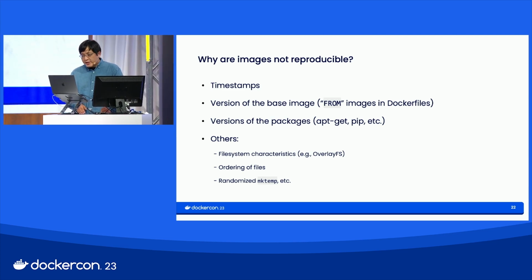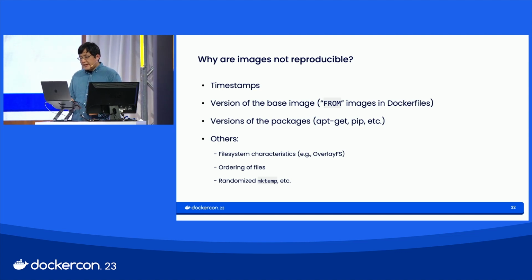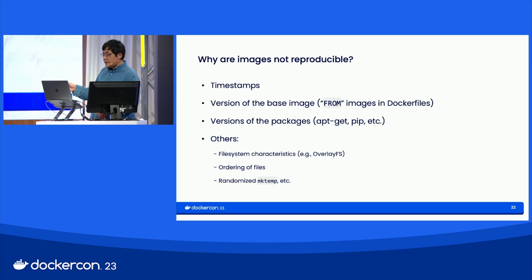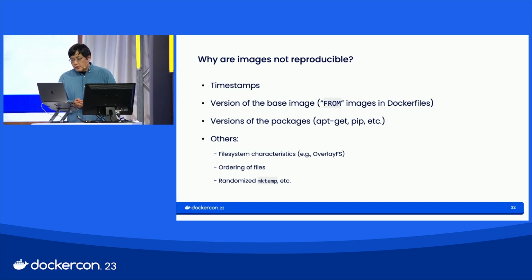And the version of the base image differs. The base image means the image you specify with the FROM instruction in Dockerfiles, like Debian, Ubuntu, Golang, or Python. And if you run package managers such as apt-get or pip inside the image, you also get inconsistent images across multiple builds.